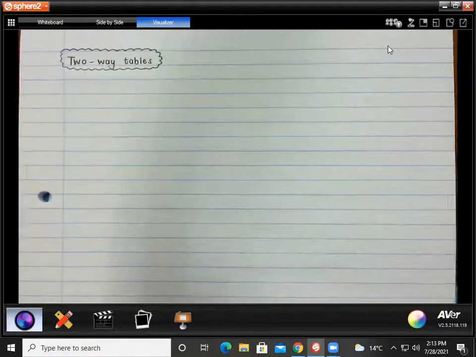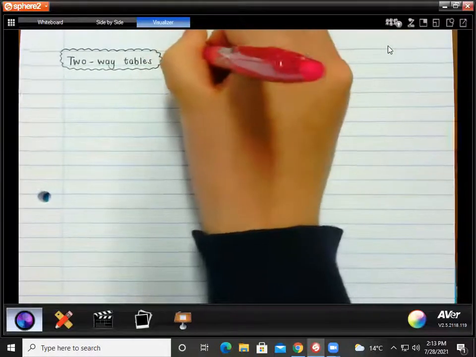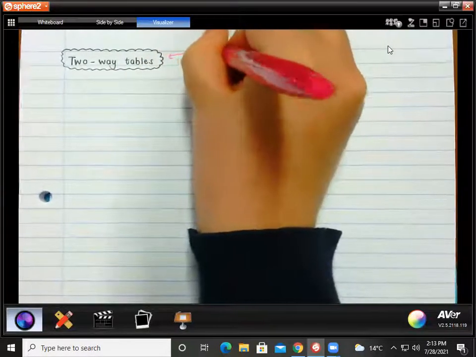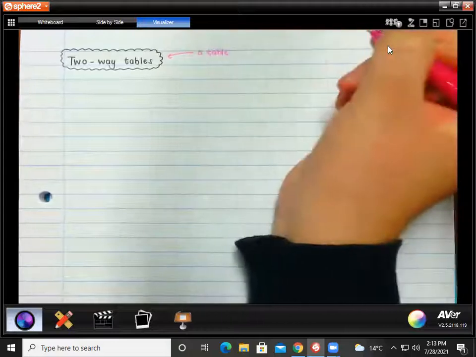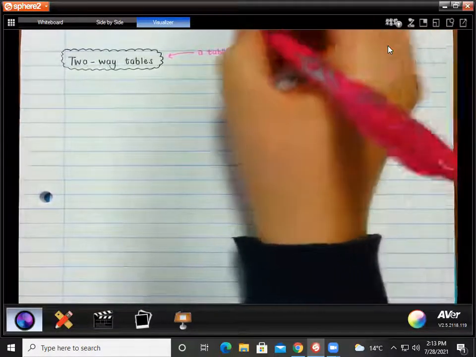Okay, now two-way tables, or a two-way table, is just a table, obviously, but it shows the outcomes of two different events, or two different experiments.